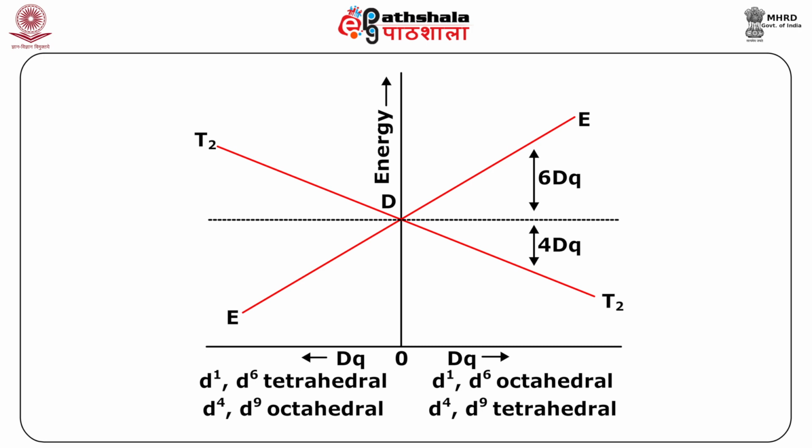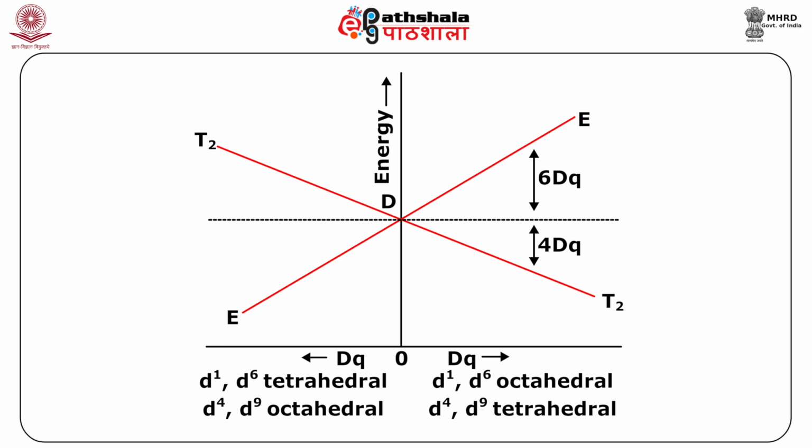The Orgel diagram for all these configurations can be represented in the figures. On the left side are shown d1, d6 tetrahedral as well as d4 and d9 octahedral cases. On the right side are shown d1, d6 octahedral and d4, d9 tetrahedral cases, which will have the same Orgel representations.